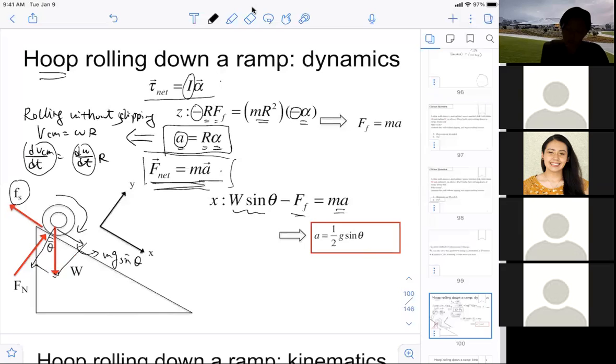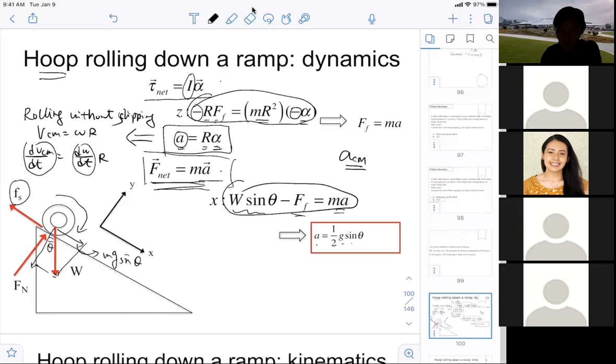This acceleration is the acceleration of the center of mass, because that's what matters when it's going down the ramp, the center of mass point that's going down. This equation and this equation combined, you can solve: A is equal to 1/2 g sine theta.